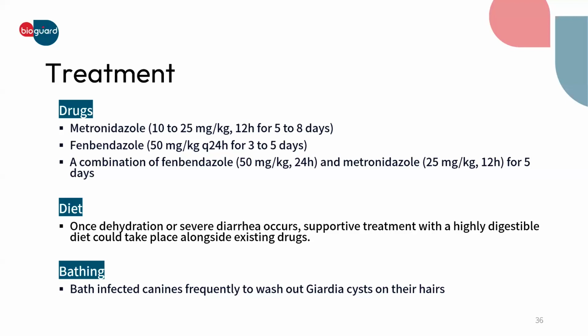And also in some severe cases, we can choose a combination of both drugs together at these dosages and for different time durations, because fenbendazole is given only once a day, however metronidazole can be given twice a day for the course of 5 days together.